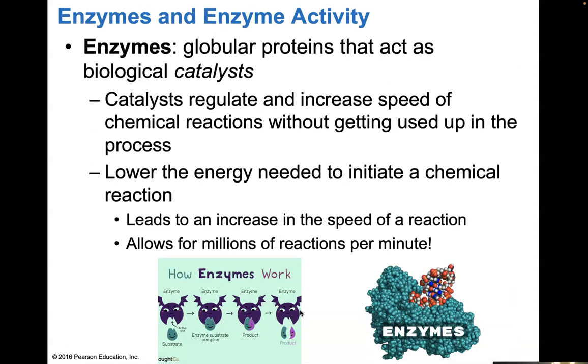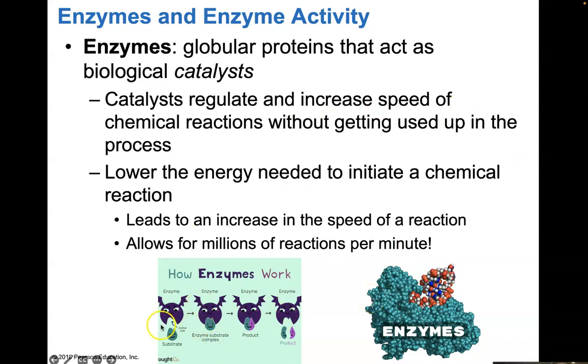Keep in mind that enzymes are these globular proteins that act as catalysts, and they're going to increase the speed of our chemical reactions without actually getting used in the process. So again, they're going to lower the energy that's needed to initiate that chemical reaction. And this will lead to an increase in the speed of the reaction. Yay! Right?